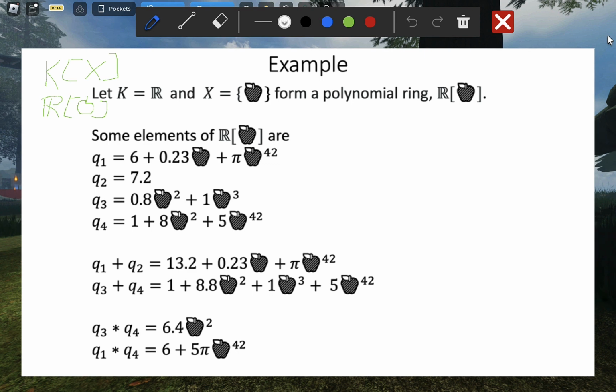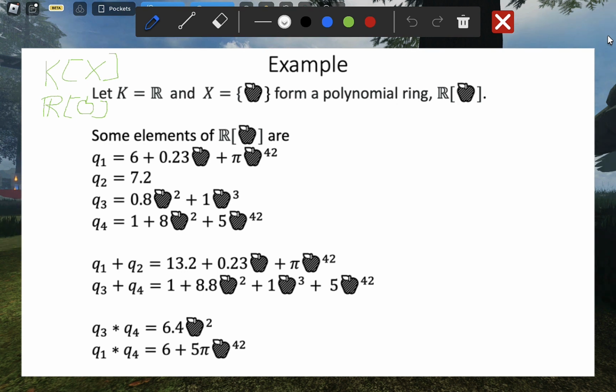So here are some elements that are in R[apple]. I don't know actually how you say it. How would you say that? R on apple? R over apple? The free polynomial ring on apples. Yeah.